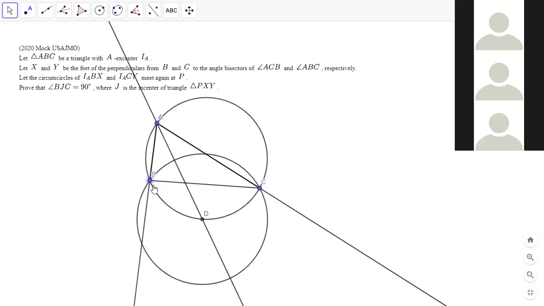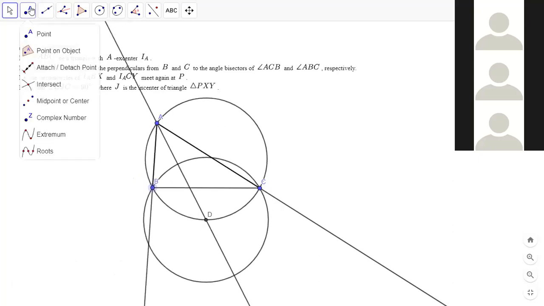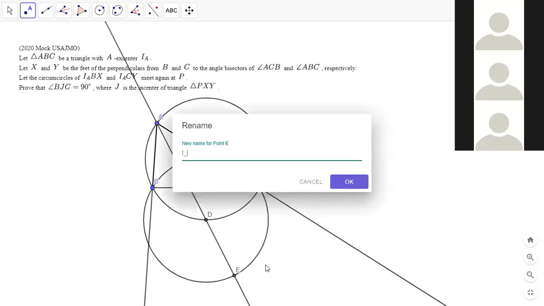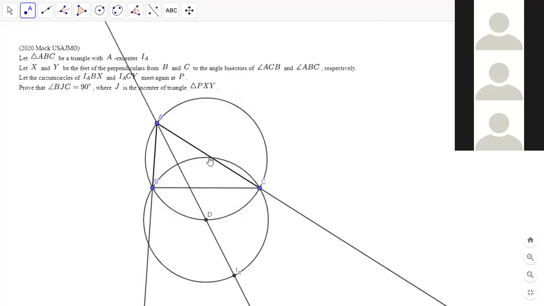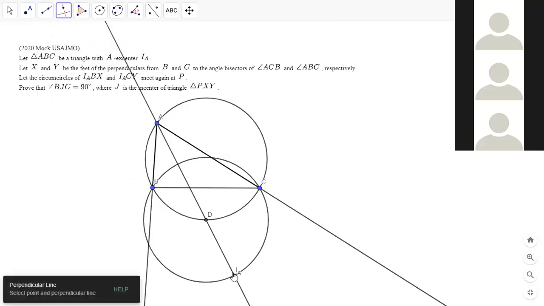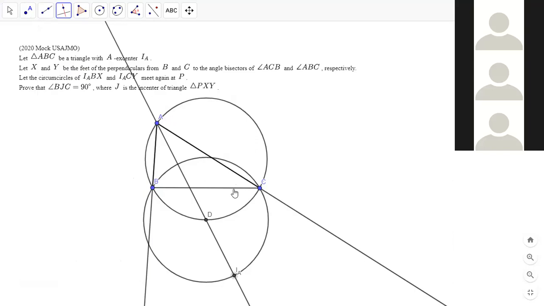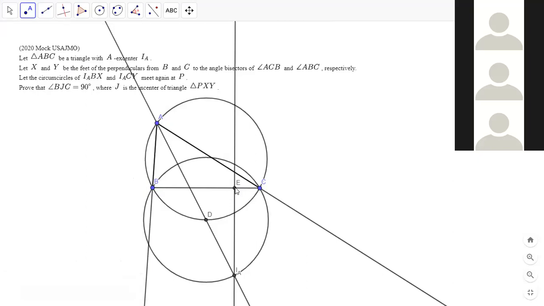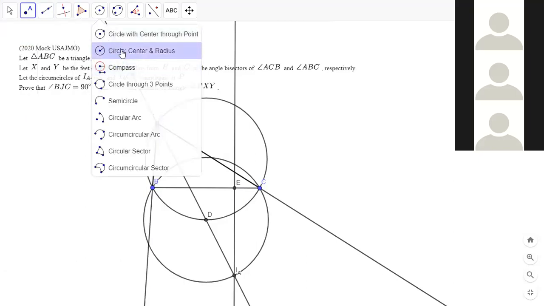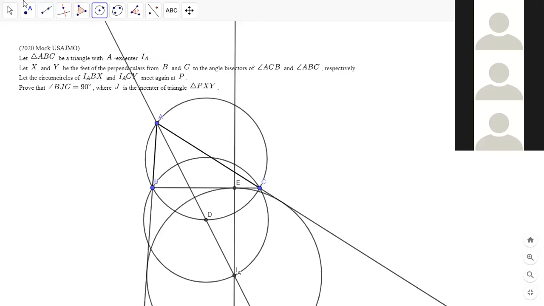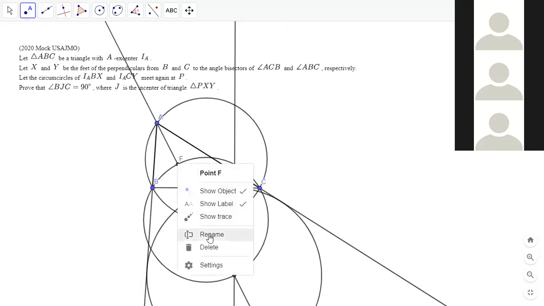Okay, so this will be the excenter right here. Could also draw the excenter circle. And so we draw the angle bisectors of B and C. Okay, so this is the incenter. We can call it I.